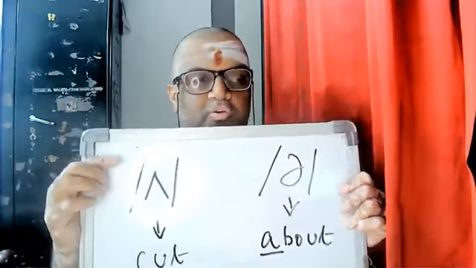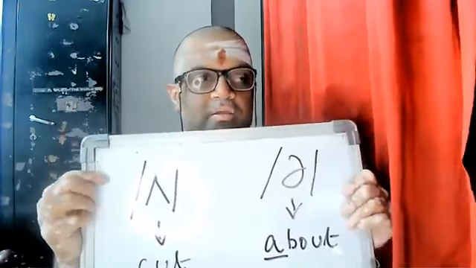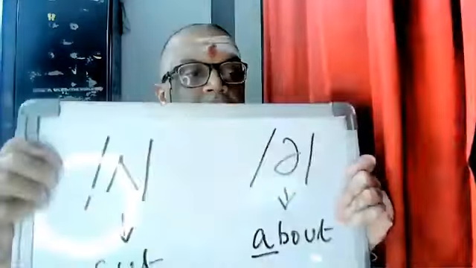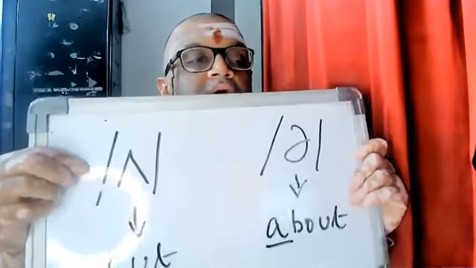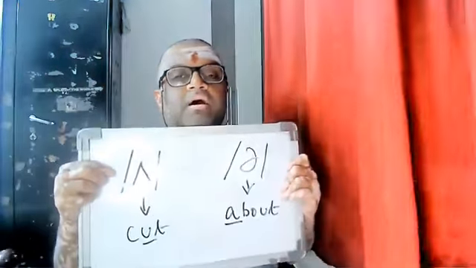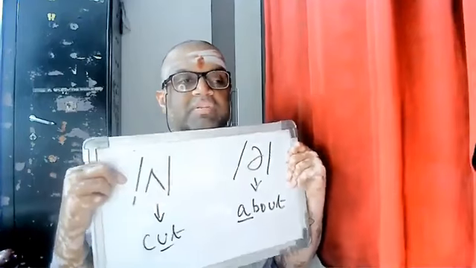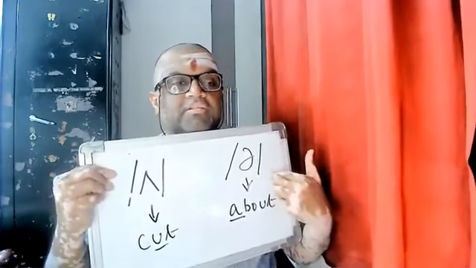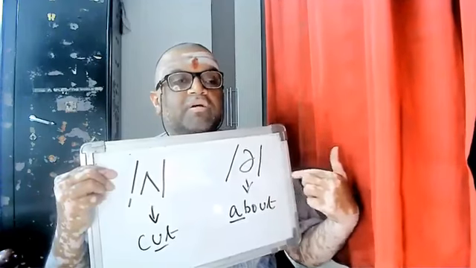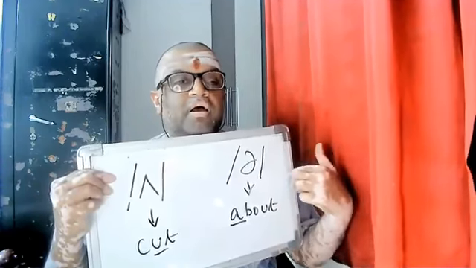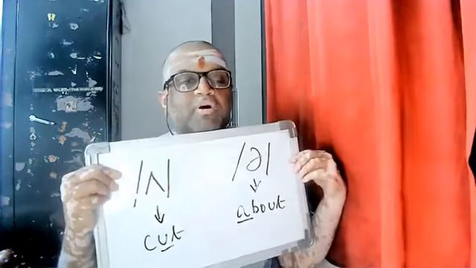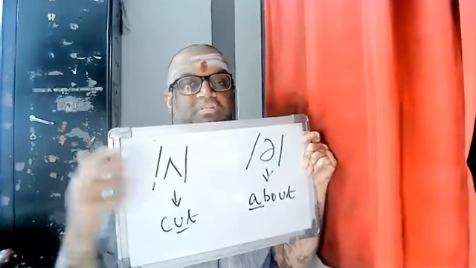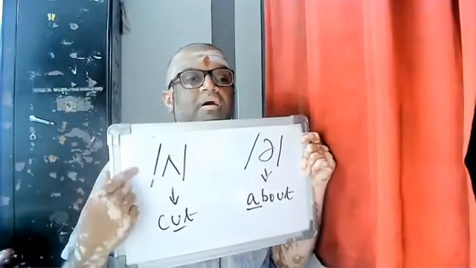Let me show this to you: cut, cut, potato, about. Let me give you the word potato later. Let me just show you how this is done, just the two sounds.